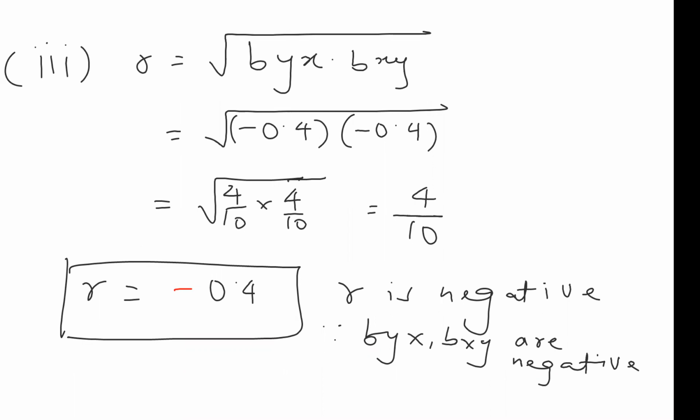So exercise 3.2, government textbook, exercise 3.2. Let's go to question number 1, right? I hope you are right there with your textbook. Okay, so we are on exercise 3.2, question number 1.